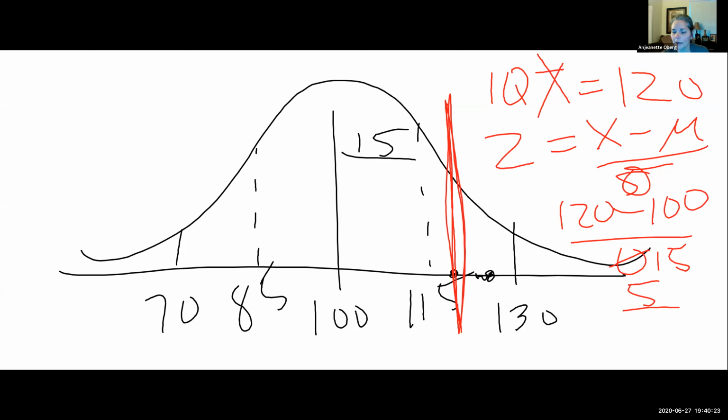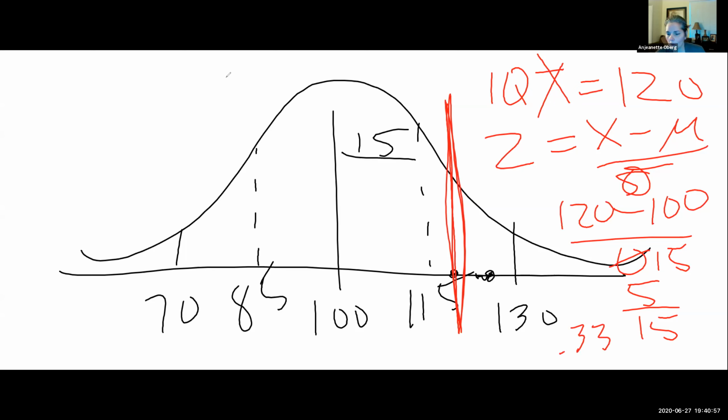So 5 divided by 15. Is that right? X was 120, I believe, minus our mean of 100 divided by the standard deviation of 15. So 5 divided by 15. Oh, I closed it. I'm so sorry. 0.33.